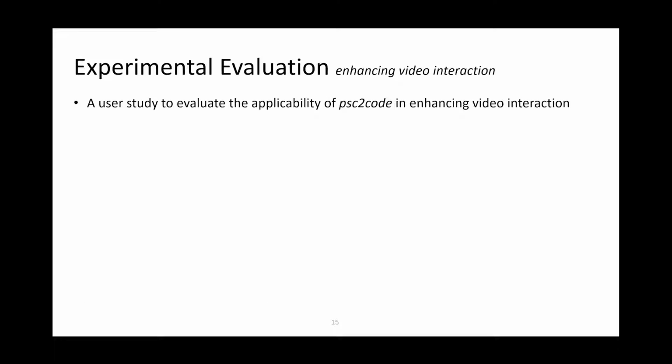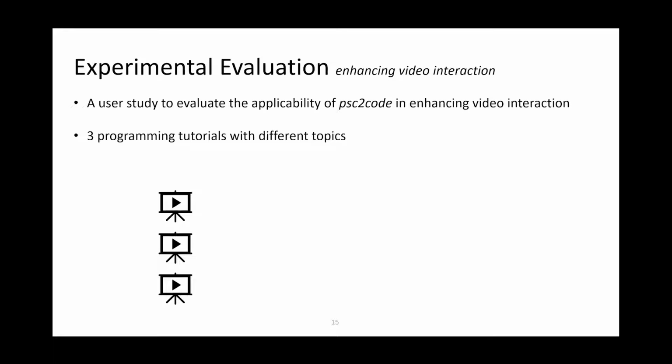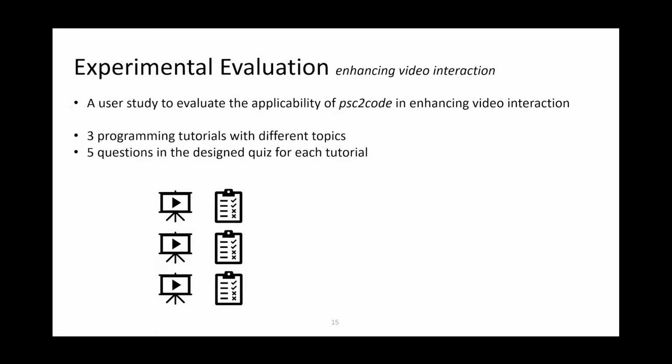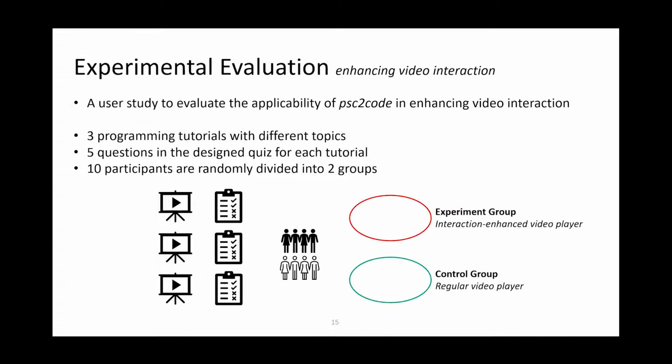Next, for evaluating the applicability of psc2code in enhancing developer interaction, we conduct a user study. 3 programming tutorials with different topics are chosen from our dataset, and we design a quiz for each tutorial with 5 questions. To correctly answer these questions, participants must carefully explore the code content, API usage, and other information introduced in the tutorial. 10 participants are randomly divided into 2 groups.